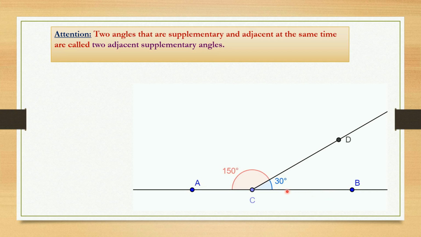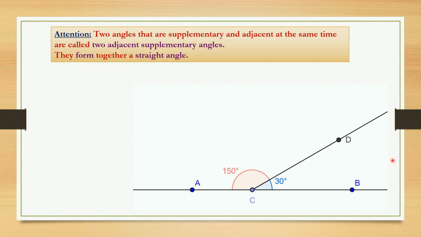And they are also adjacent because they have the same vertex C, they have a common side CD, and they are situated on opposite sides of their common side CD, so they are adjacent. And if you notice, they form together a straight angle. So two adjacent supplementary angles form together a straight angle.